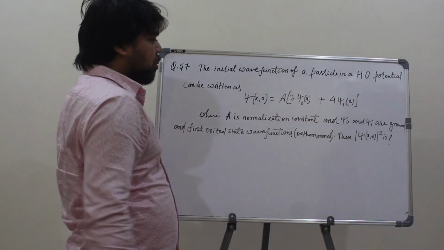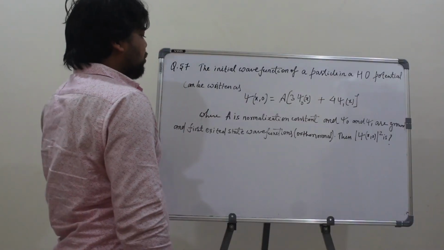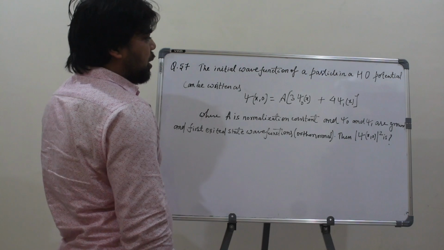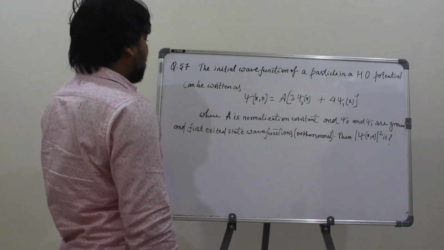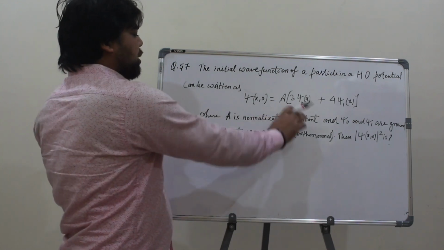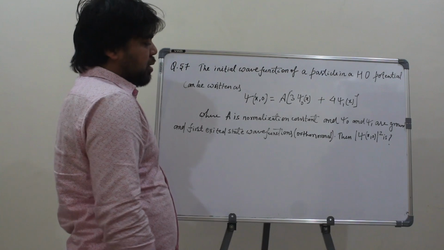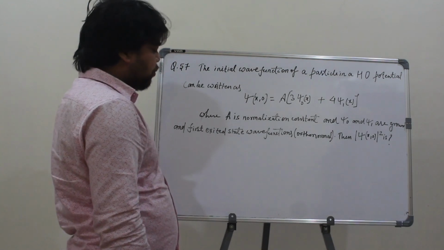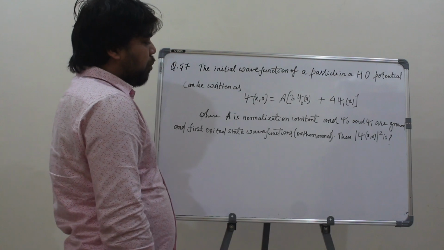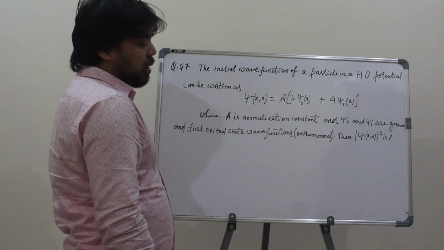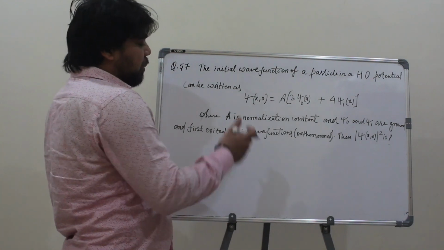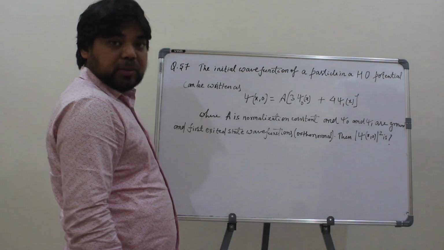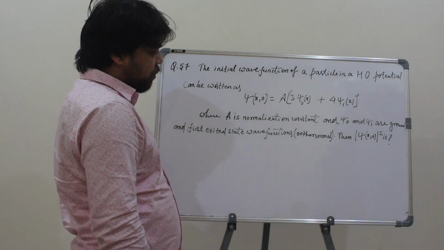Now let us take this problem number 57, which says the initial wave function of a particle in a harmonic oscillator potential can be written as psi at 0 equals A times 3 psi 0 x plus 4 psi 1 x, right? Where A is a normalization constant and psi 0 and psi 1 are the ground and first excited state wave functions of the harmonic oscillator, right?